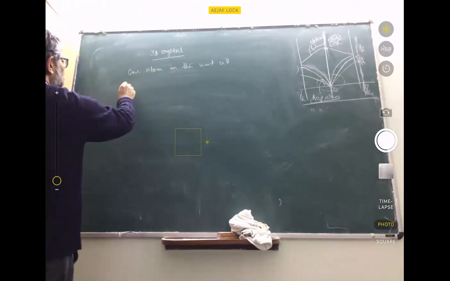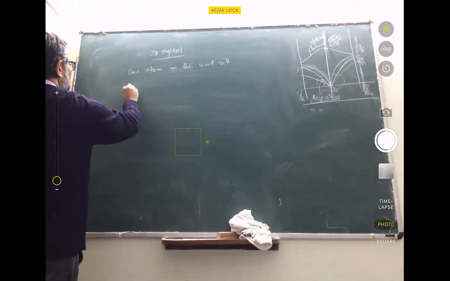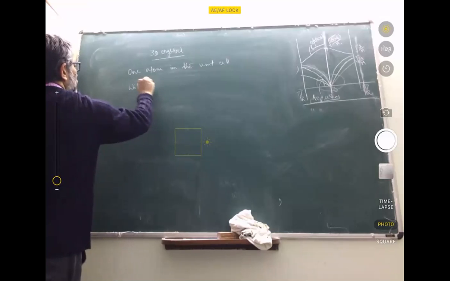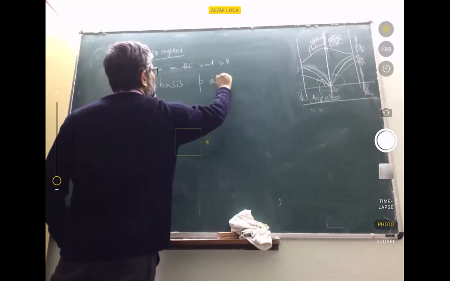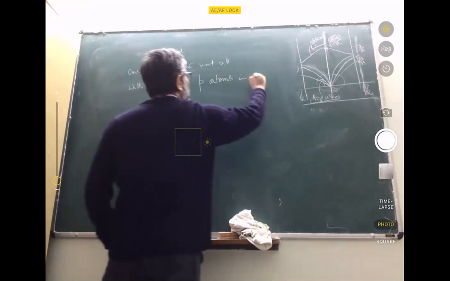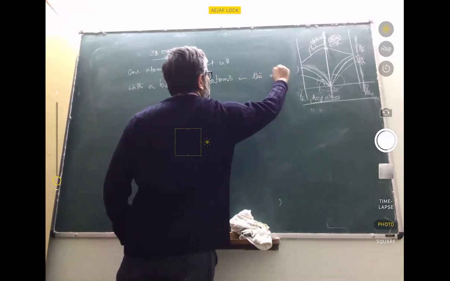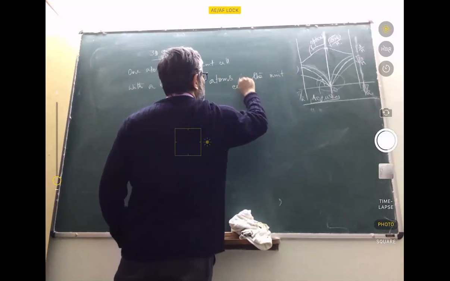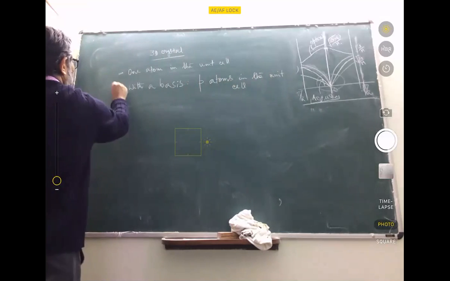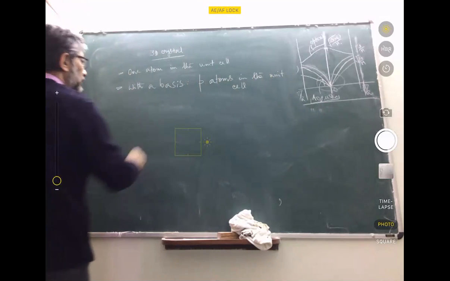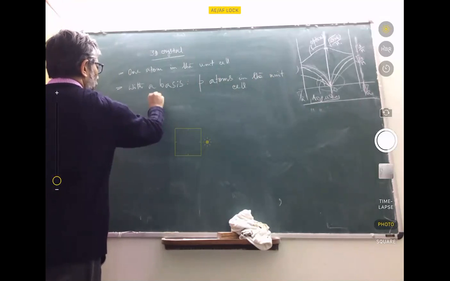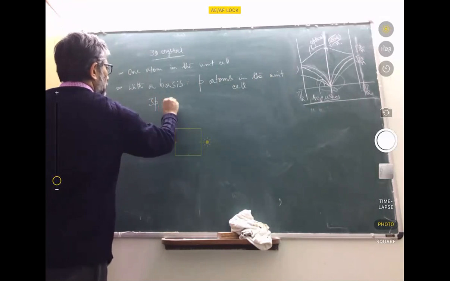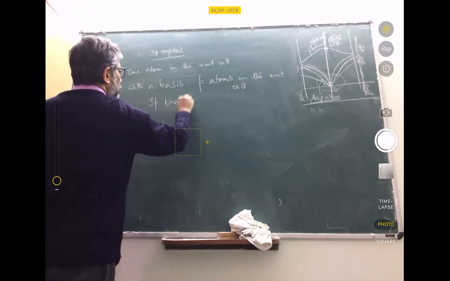And then if we have a 3D crystal with a basis that is, let's say, p atoms in the unit cell, then of course we'll have a total of 3p branches.